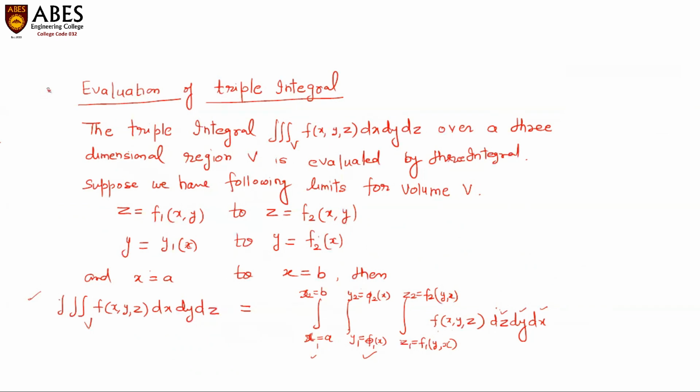Then here we integrate first with respect to z, then with respect to y, and in the last with respect to x. So the limits of z will depend on x and y, the limits of y will depend on x, and the limits of x will be constants.